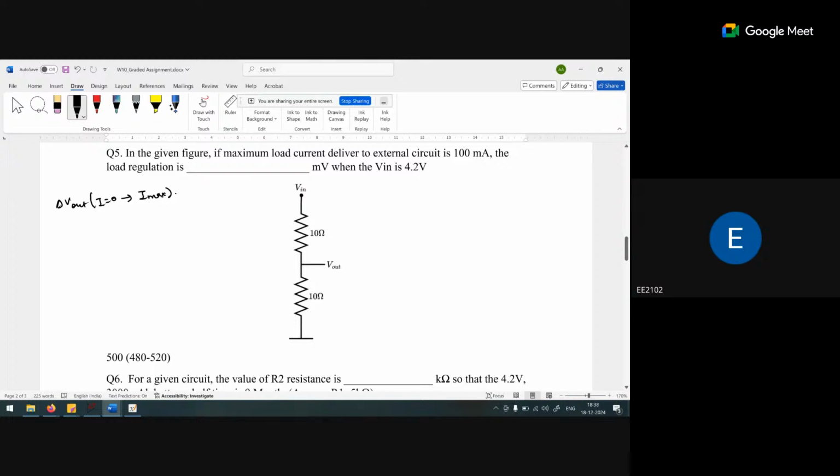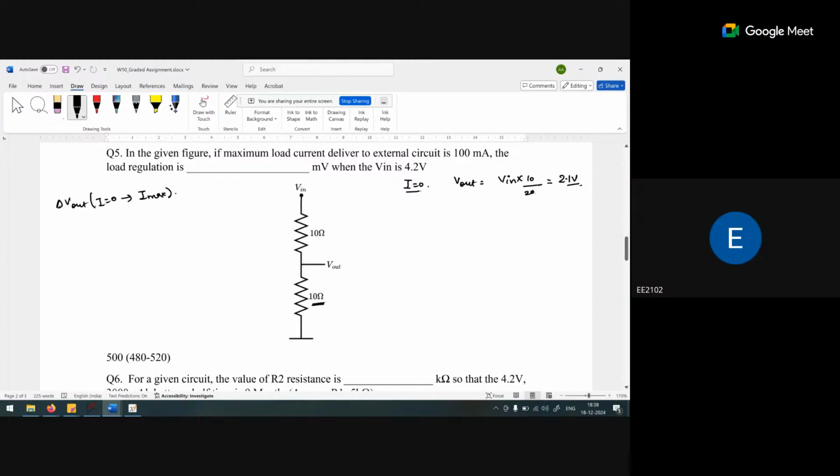Okay, so initially I assume that current I is 0, so there is no load. Output voltage Vout is nothing but Vin multiplied by the 10 ohm divided by 20 ohm. Okay, so it is just half, 2.1 volt. So when I is 0, Vout is 2.1.